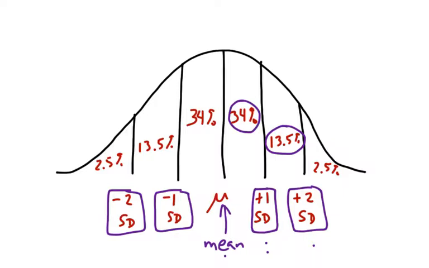We're going to use this curve with this information to solve problems. A lot of times students say, how do you know that's how much data is in between each of those locations? Well, the way that we know is because we are told we have normally distributed data. And if we have normally distributed data, then that means it fits a curve like this and it has these properties.